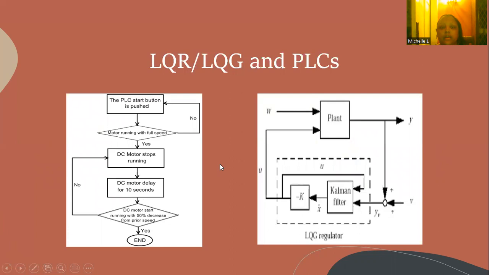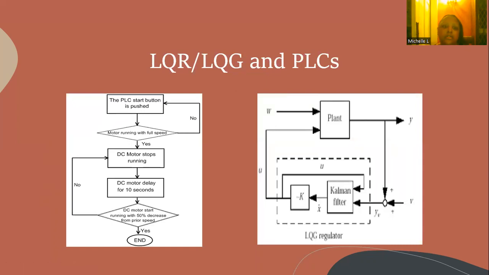And here we have an example of the type of decision-making and development when designing in LQR and LQG for the PLCs. So there are decisions that have to be made in the designs.